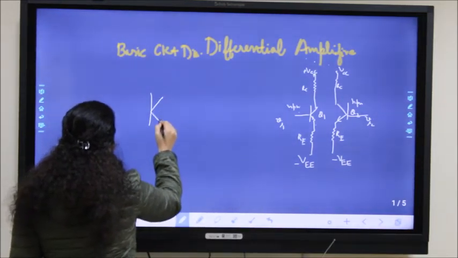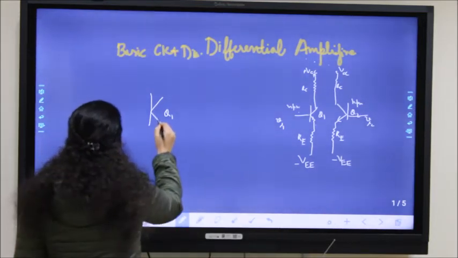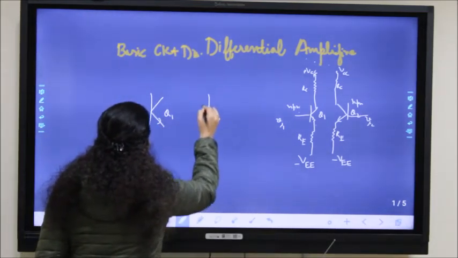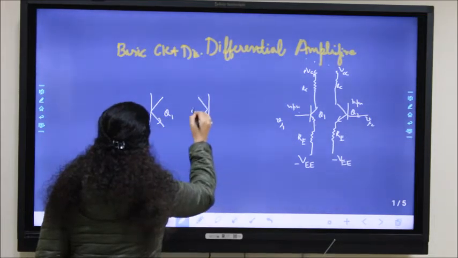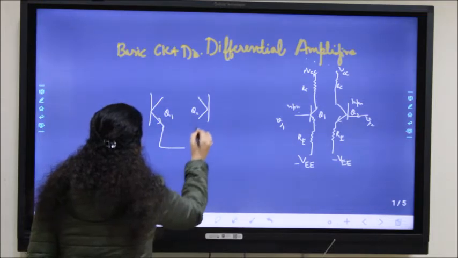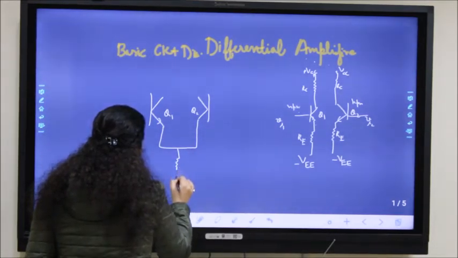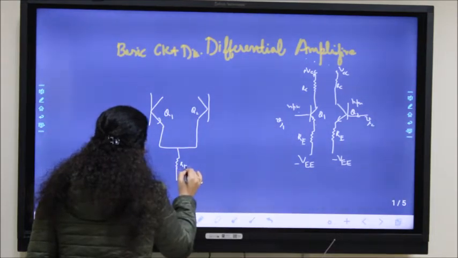We have Q1 and Q2 transistors which are directly coupled through this resistance.